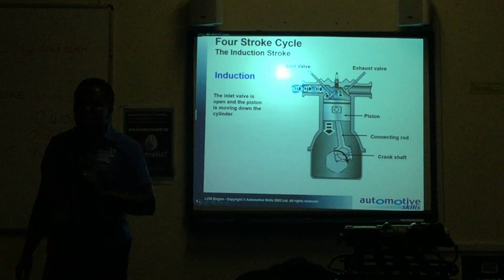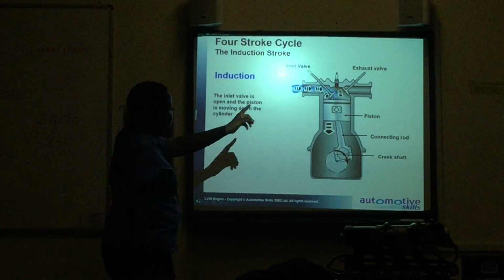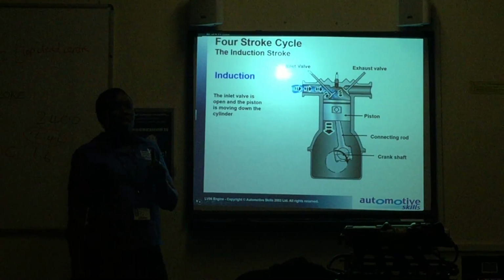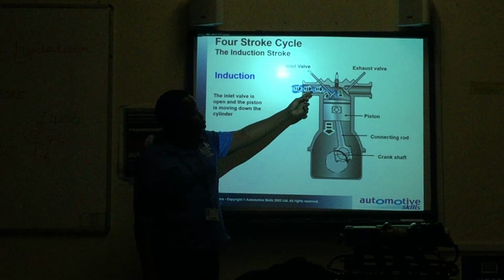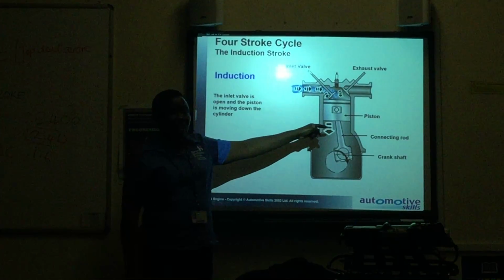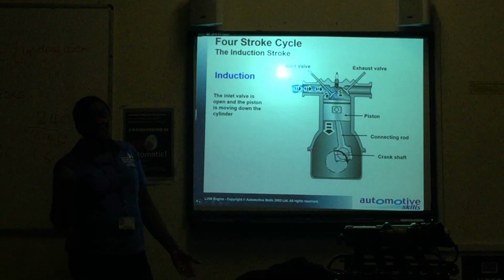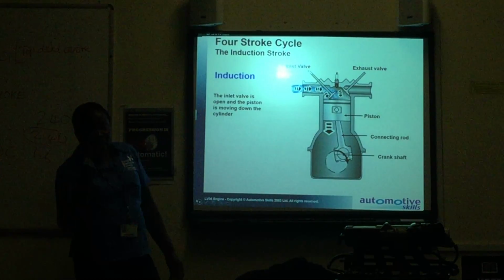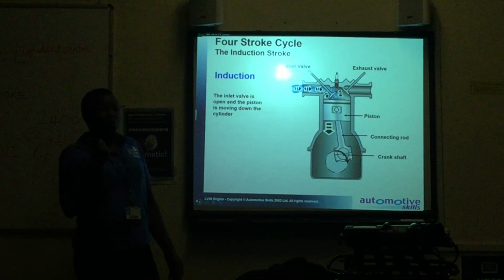So if the intake valve opens, do we have any valves there? If the intake valve opens, right, we are going to have an inrush of petrol and air going to fill that space. Because as the piston is going down, it is going to create a depression. So that depression now will cause a sucking effect.